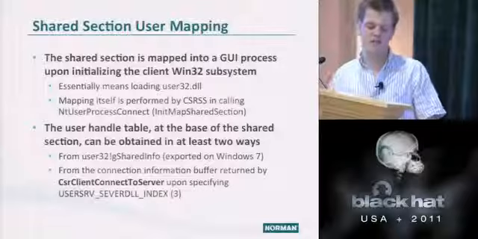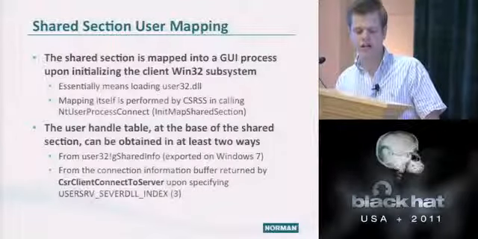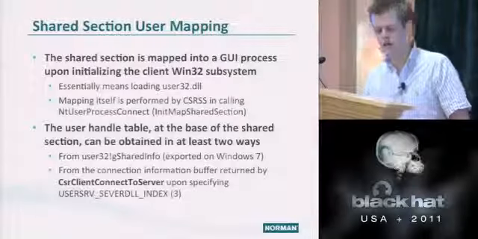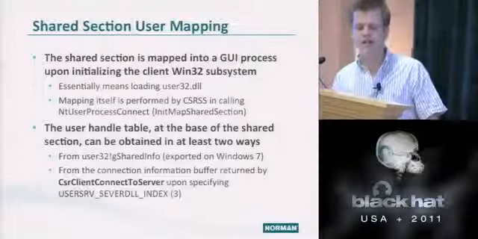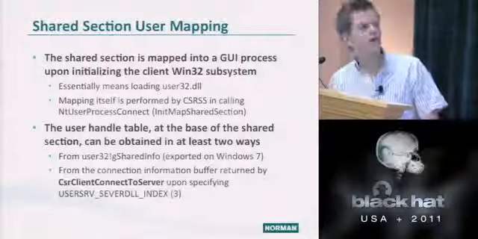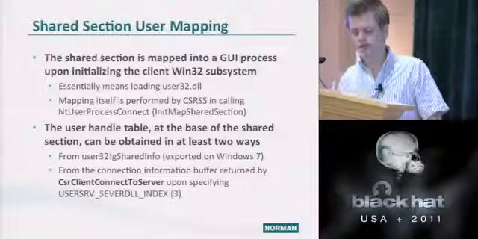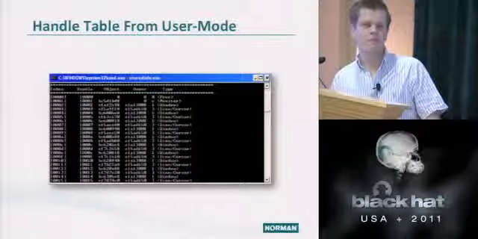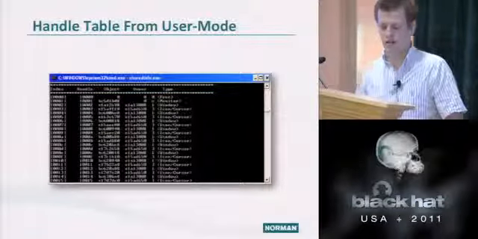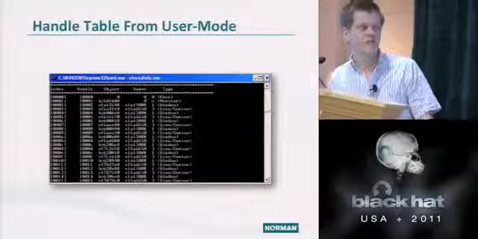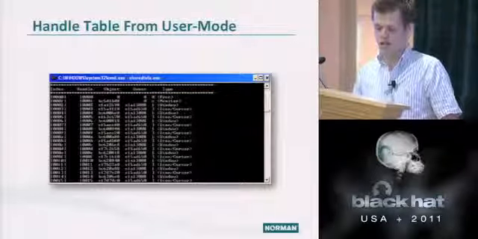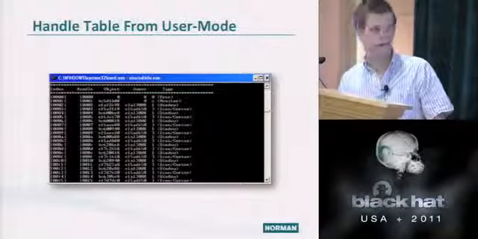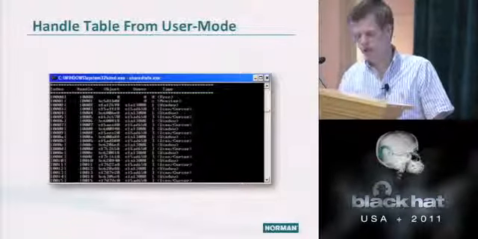Like I said earlier, this can be obtained in at least two ways, either through the export in user32 or by calling this function to CSRSS, which returns the pointer to the handle table in user mode. So we can easily make an application that dumps all this information without any privileges. It's quite convenient when you work on exploitation. You get all this information for free.